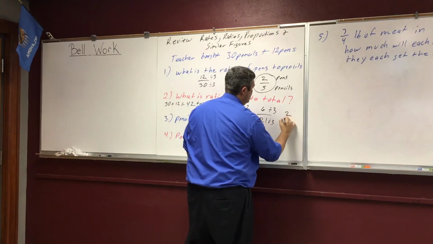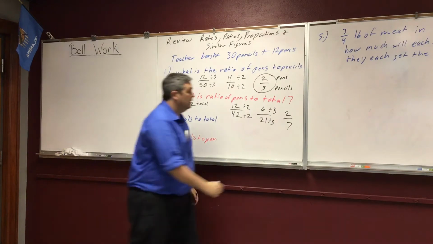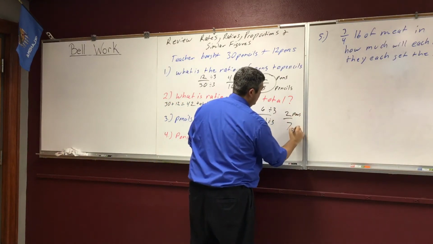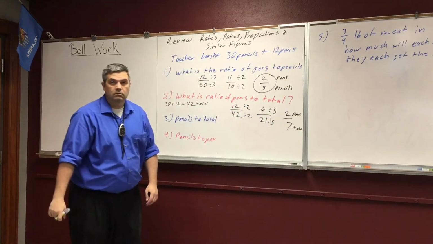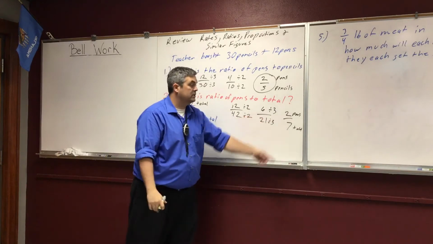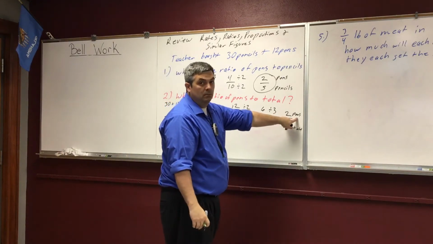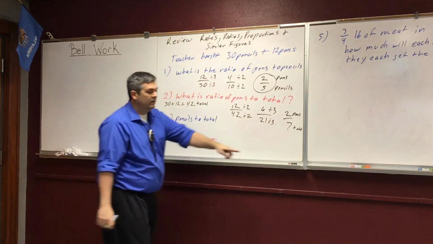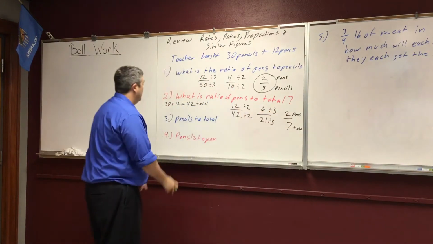Gets me 2 over 7. 2 over 7. So now, 2 pens per total. Pay attention. Watch, because they might have said switch these, or they might have put that as pencils. Be careful. Watch what they're giving you. Okay? Don't just go, oh, 2 over 7, that's it. Because watch your labeling.